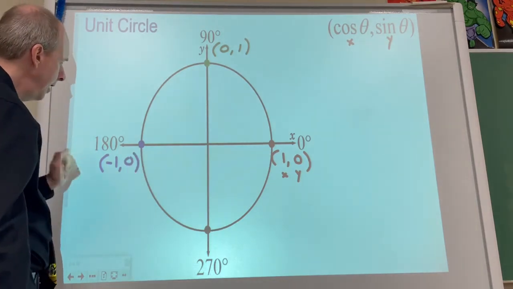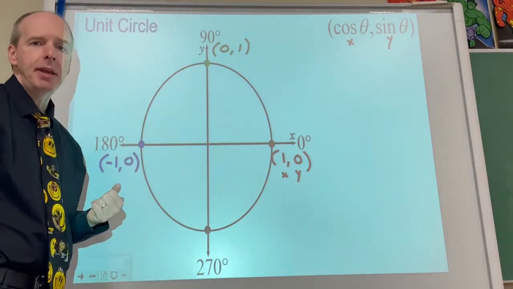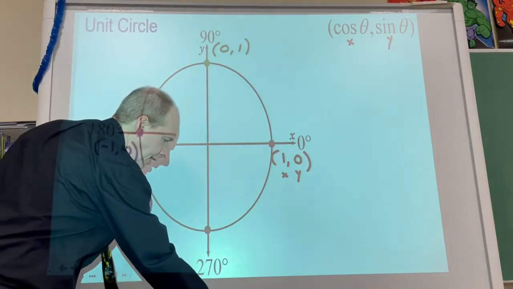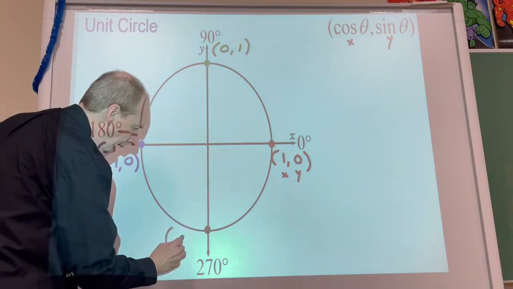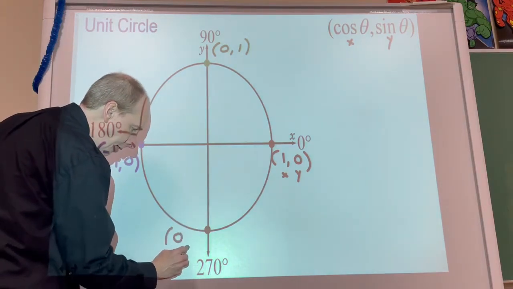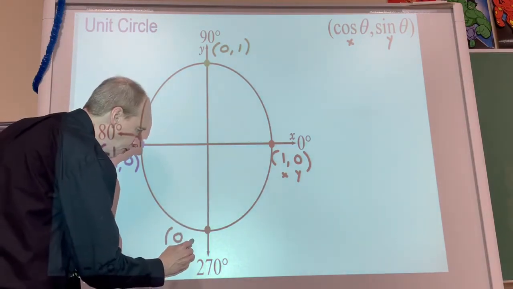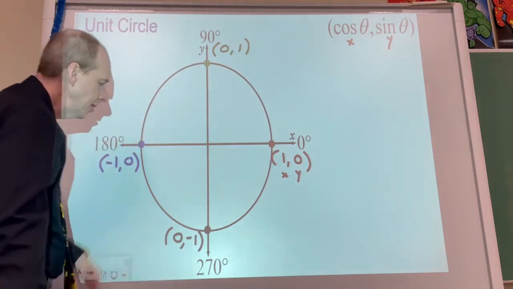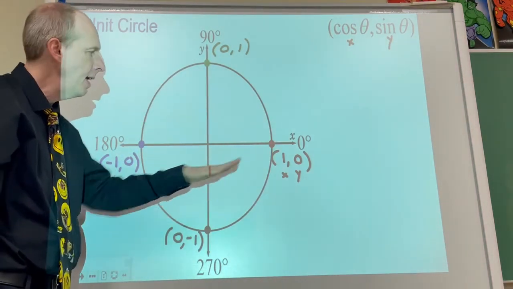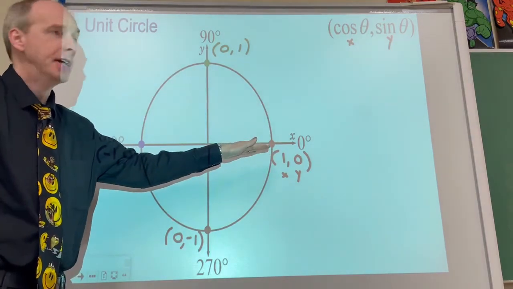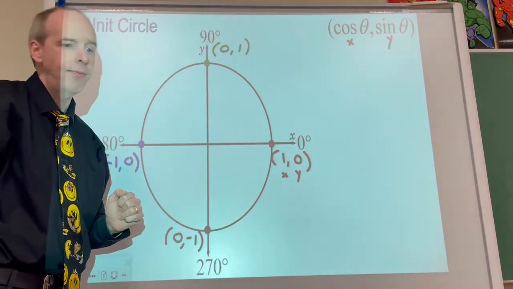Cosine of 180 would be -1, sine of 180 would be 0. And lastly, down here at 270 degrees, if we went straight down, we didn't go left or right at all, so x would be 0, y would be -1. Cosine of 270 is 0, sine of 270 is -1. Back to 360 degrees, same answers as 0.